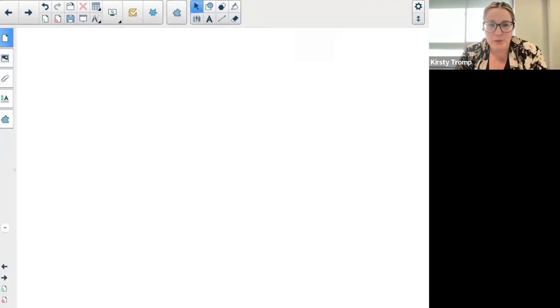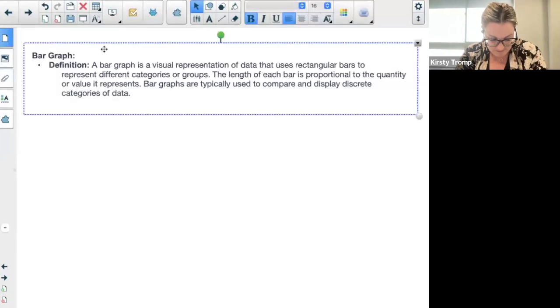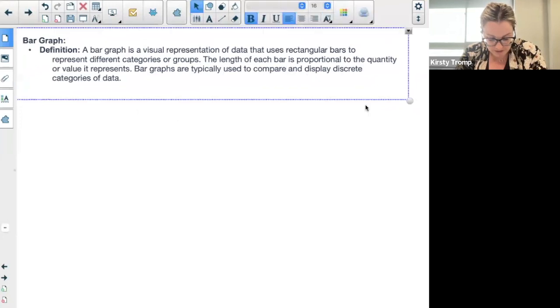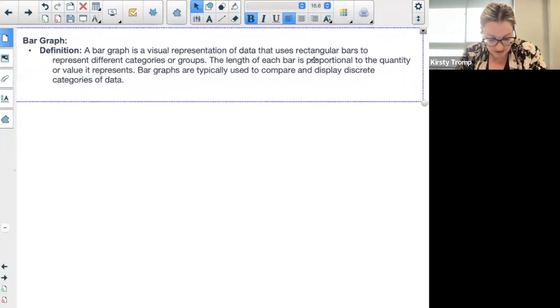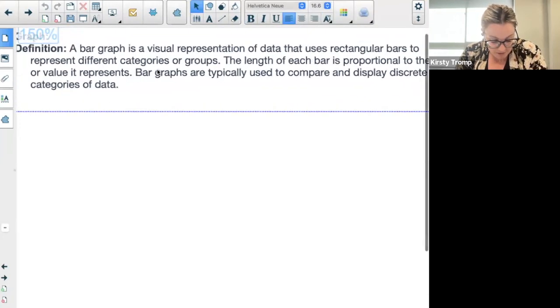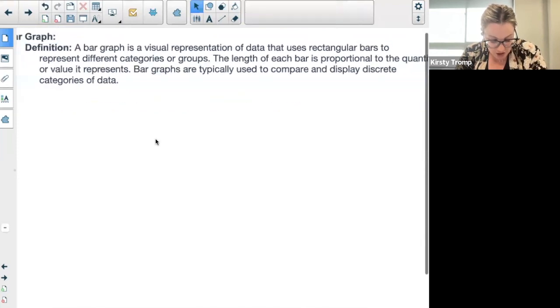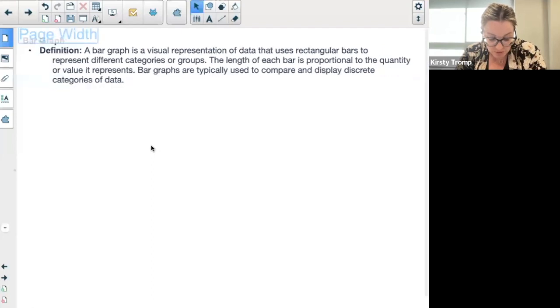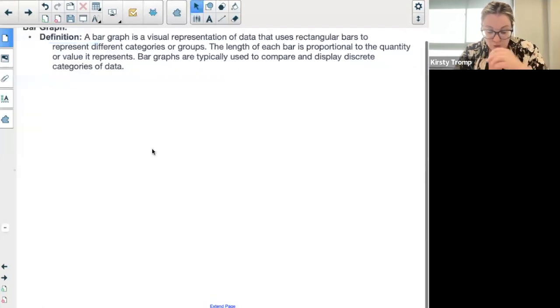We're going to start by looking at the bar graph. So what is a bar graph? A bar graph is a visual representation of data that uses rectangular bars to represent different categories or groups.